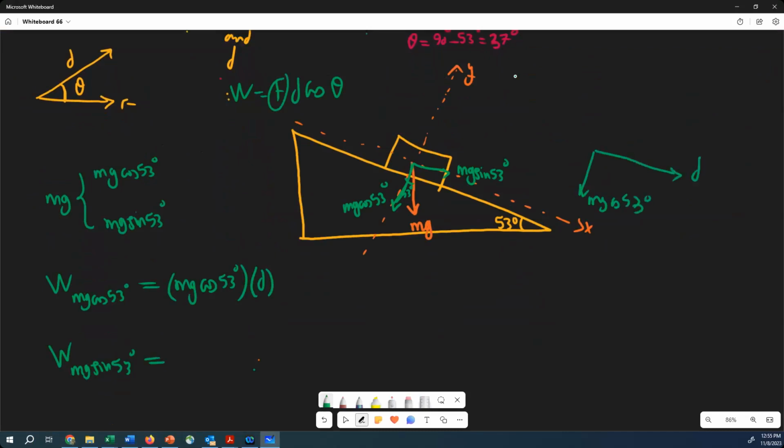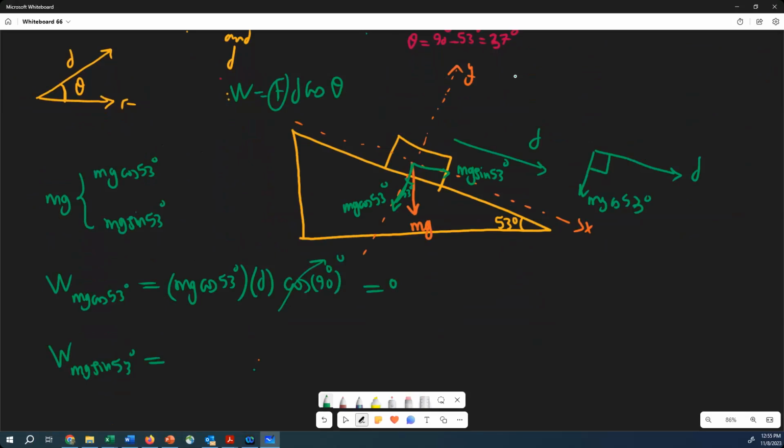What is the angle between these two? 90 degrees. What is cosine 90? 0. So the work of this force is zero.